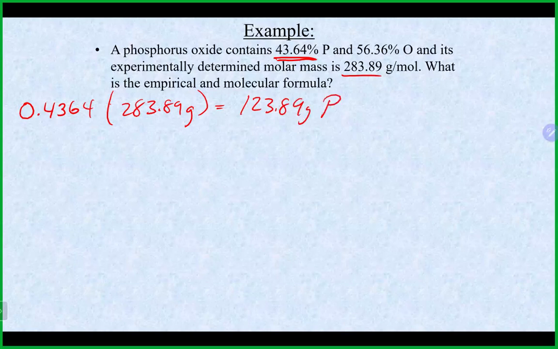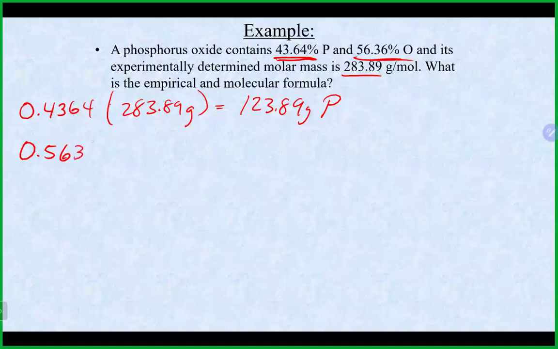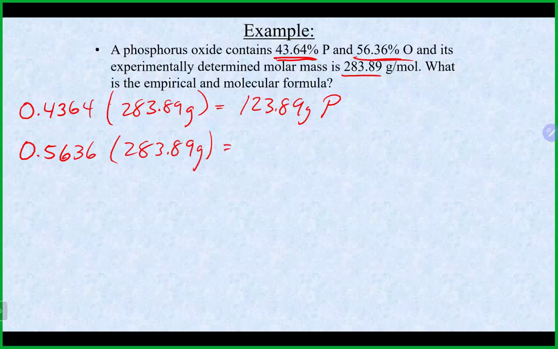You could do the same thing for oxygen. It's about 56% oxygen, so 0.5636 times our molar mass here. That'll give us how many grams of it is oxygen, which is basically the remaining part, about 160 grams.